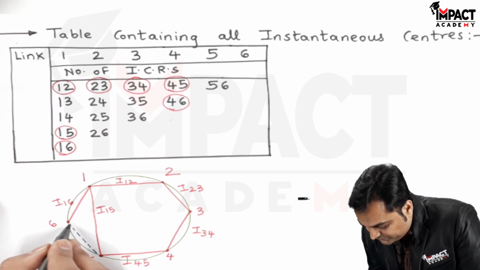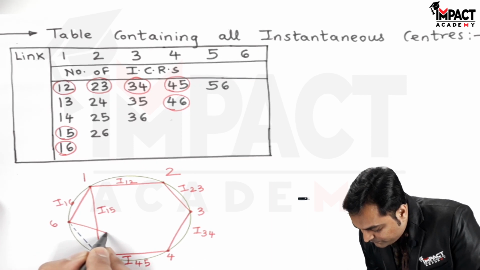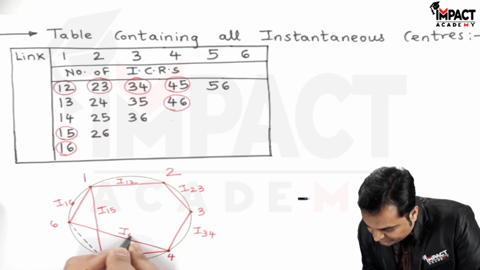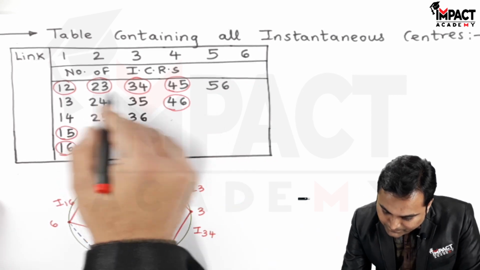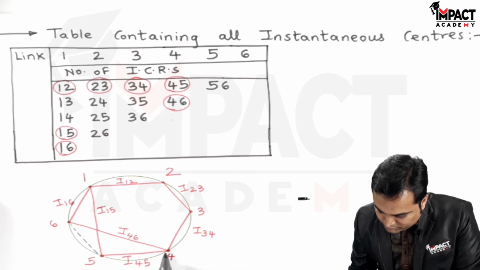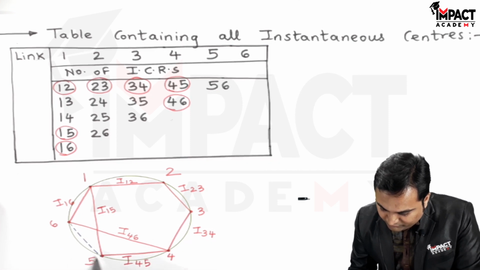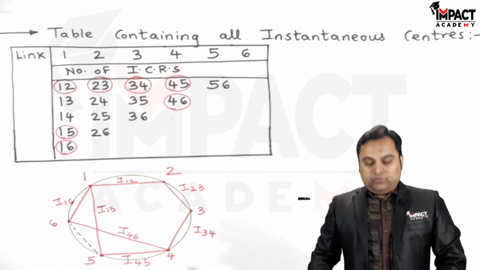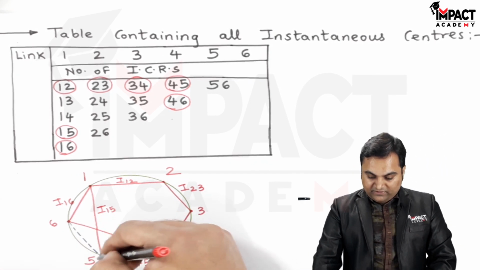This has to be connected. So now we can easily locate I56. Here this is I46. So I12, 2-3, 3-4. Then it is 4-5, 1-5, 1-6 and 4-6.